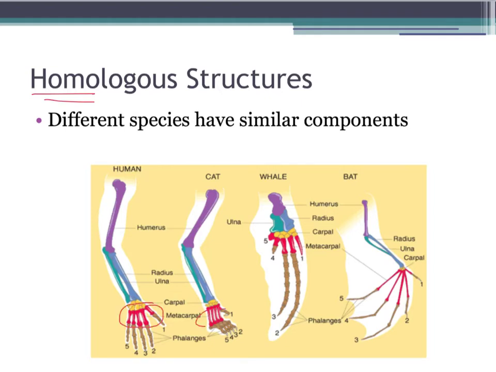Look, so does a cat. Look, so does a whale. Look, so does a bat. Why do we all have these exact, they're different proportions, but look at that. They're so similar. This one's trippy too. We both have the double arm bone. See this? Different species having similar components are homologous structures.